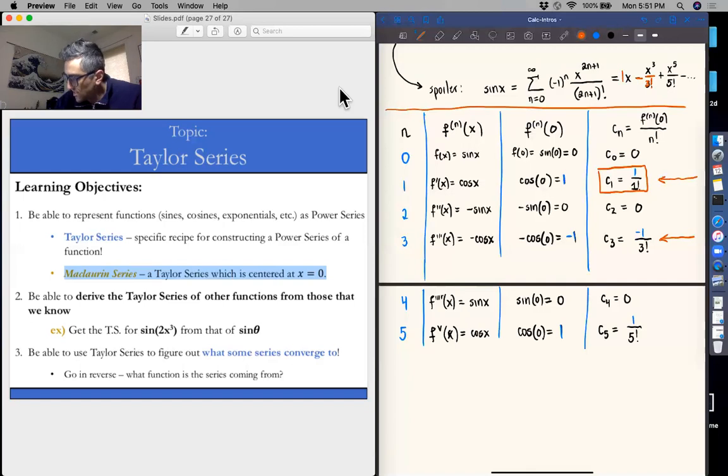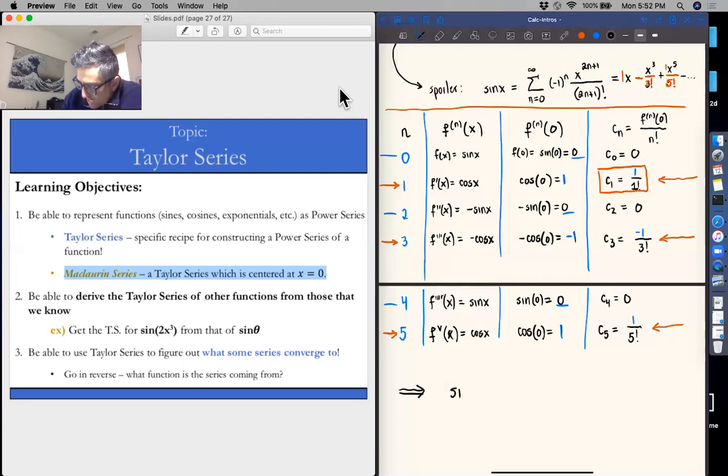And there's our next non-zero term, which corresponds to that coefficient 1 over 5 factorial that we saw up above. So you can probably see what's going to happen with all of the even powers. All of those coefficients just turn into zeros. The only terms that really survive here are the odd powers, just like we said when we were indexing the series before.